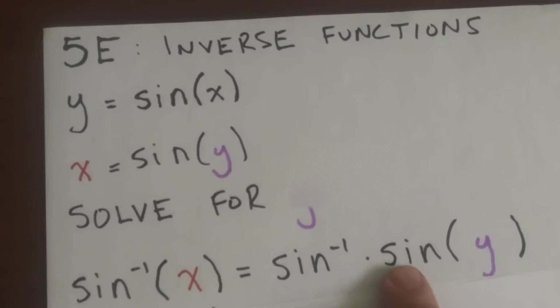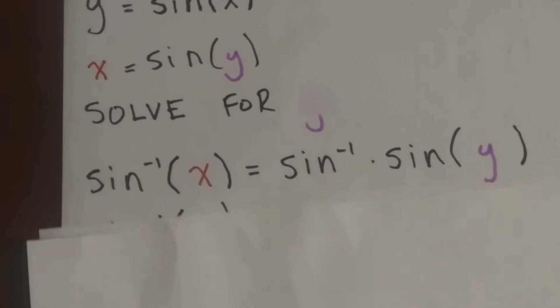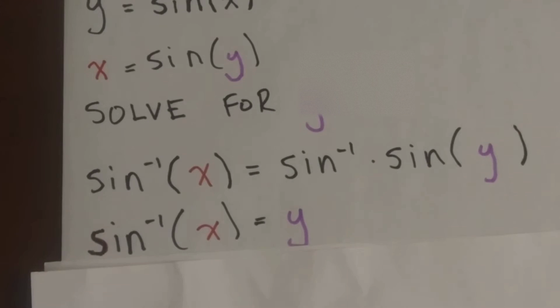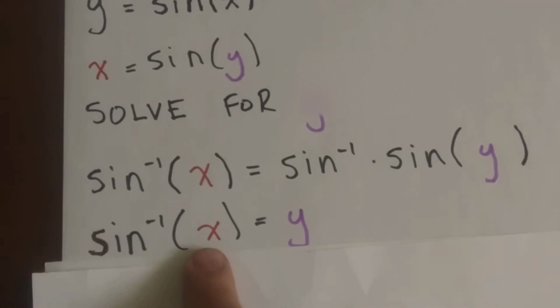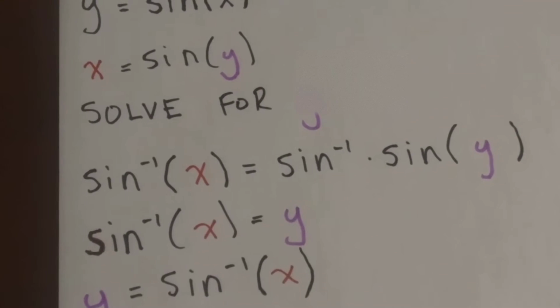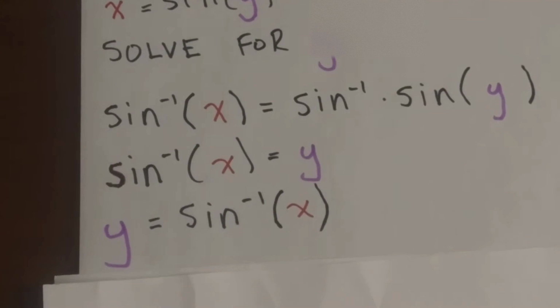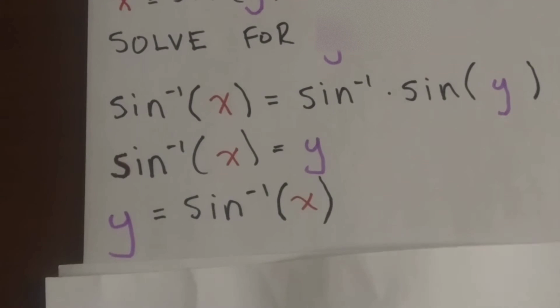But what you do on one side of the equation, you always do on the other. So then we have y is equal to the arc sine of x, and the next step, I wrote it left to right, so it's easier to see.